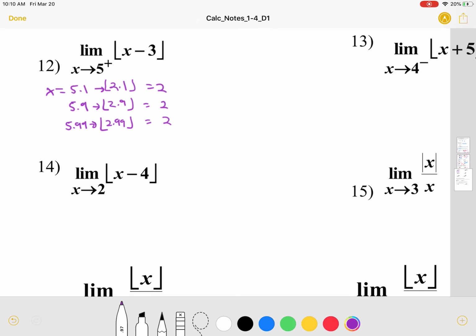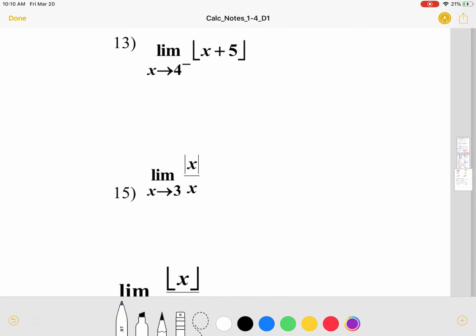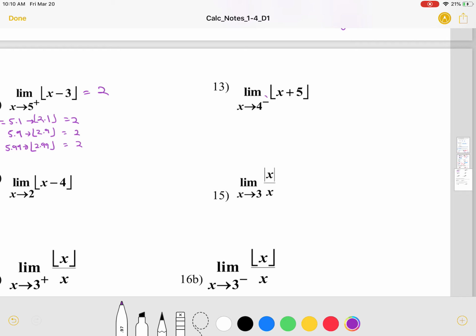So that means our limit from the right side is 2. Number 13, we're only looking at it from the left only. Look, we got this nice little negative sign. Left only.